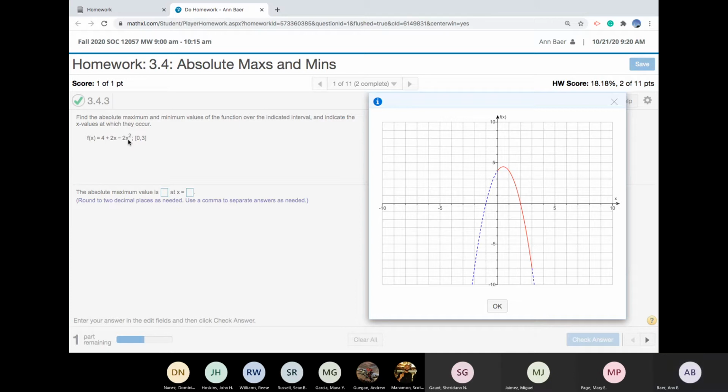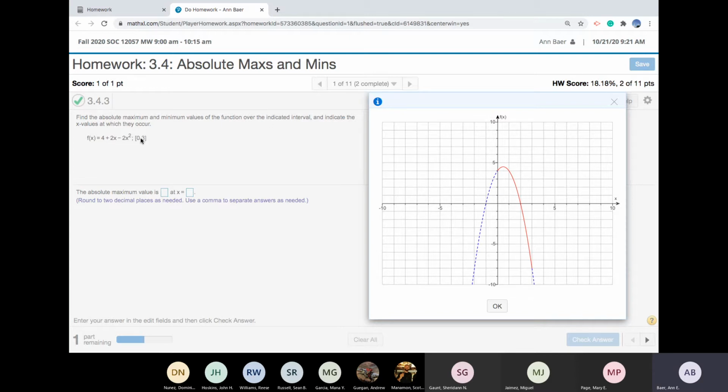Okay, so what does that tell me? I'm looking at this red portion of the graph, and I'm seeing that it looks quite possible that this point right here has an x coordinate of 1/2. That's what it looks like to me.